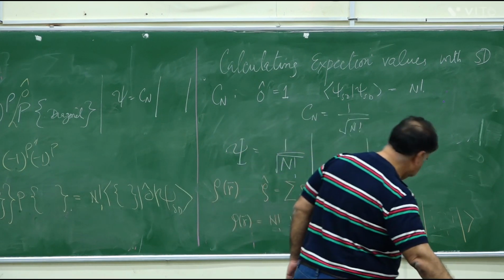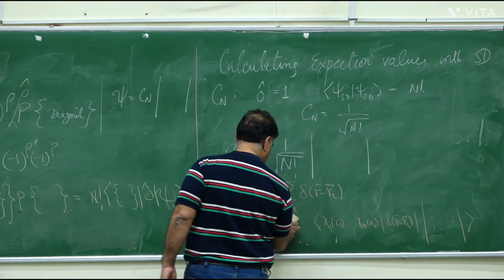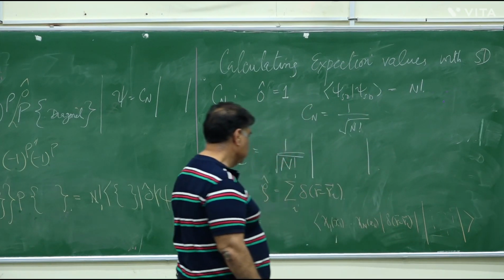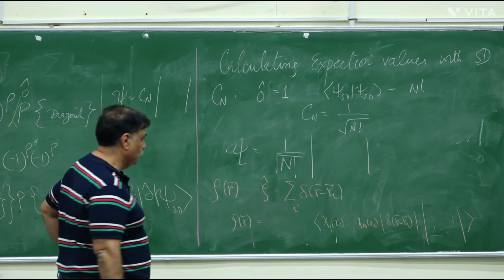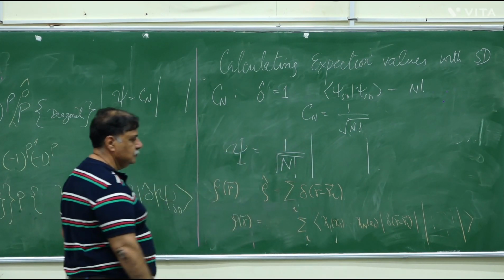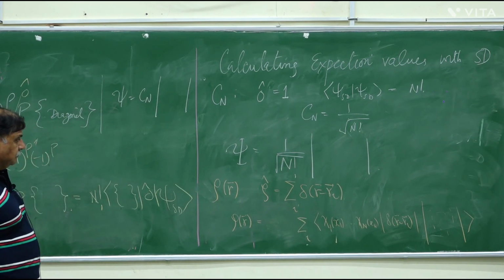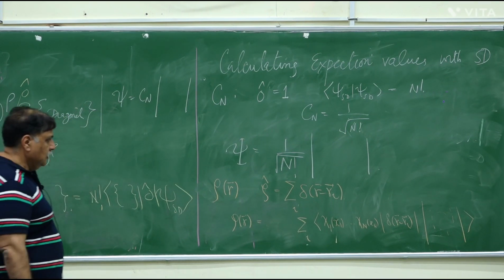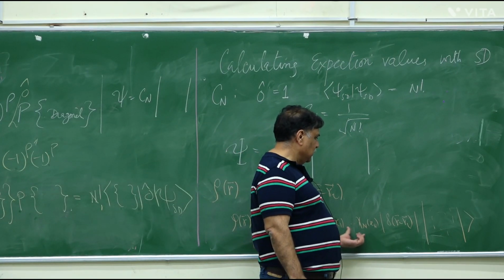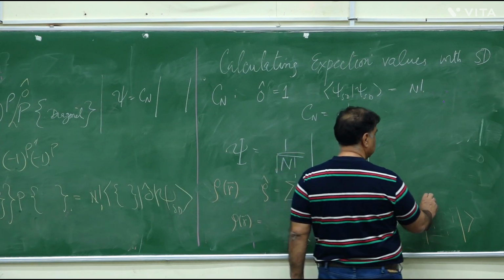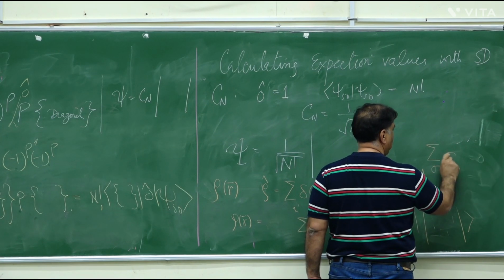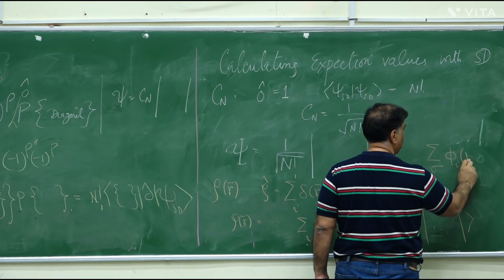So anyways, the normalization will go away. And there's a sum over i. Just a little thought will show the contributions when all the sums are in the right order. This actually will come out to be a summation over sigma of psi i of r.